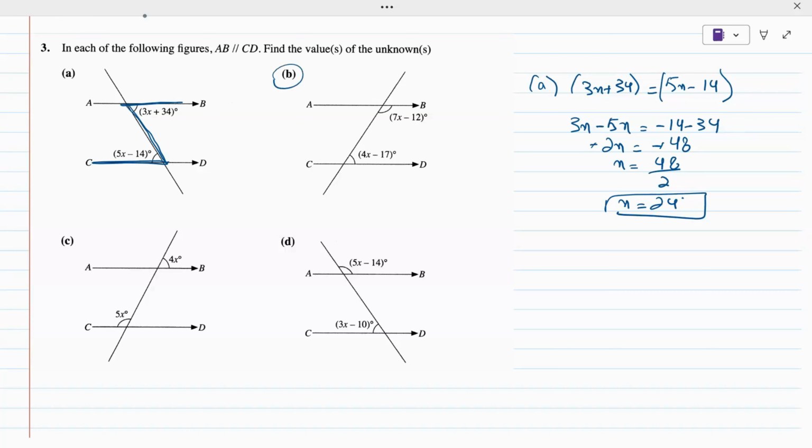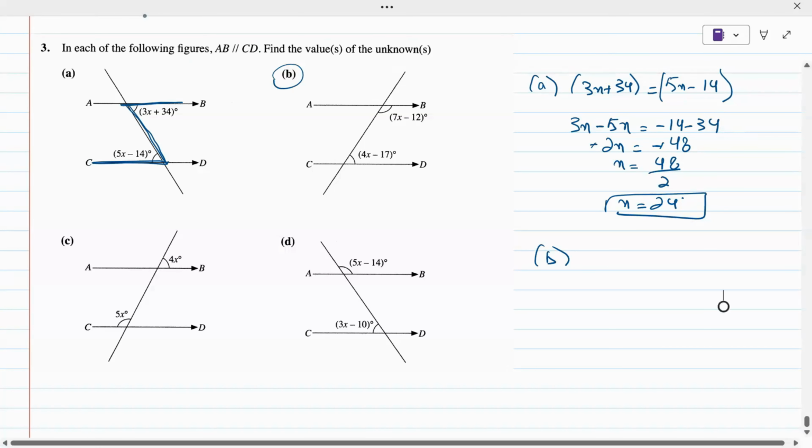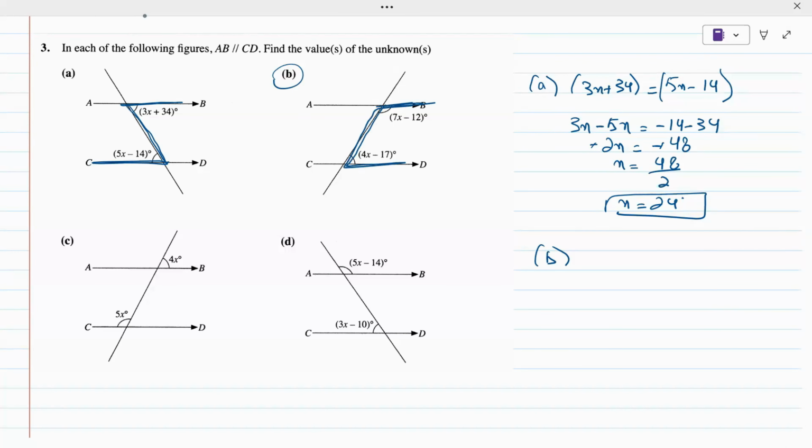Part B. In case of part B, we can see that a letter C can be formed here. And because of letter C, these are the interior angles, and interior angles sum up to 180 degrees. So we can make the equation as 7x minus 12 plus 4x minus 17 is equal to 180.